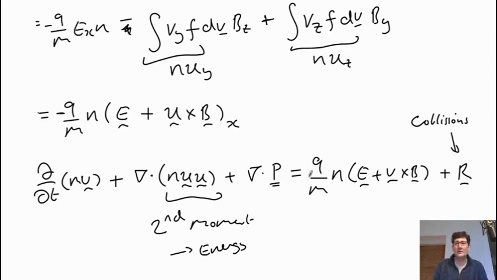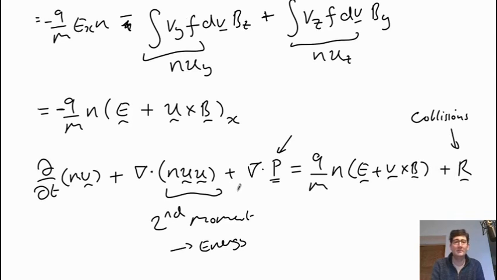There's also a whole lot of unknowns in here, so this pressure tensor, for example, and these collision terms. If you were to do the Braginskii ordering, I'll go through in a later video how these are actually calculated, or we can simplify them and make some approximations, and that we'll do in the next lecture on how to derive single fluid equations.